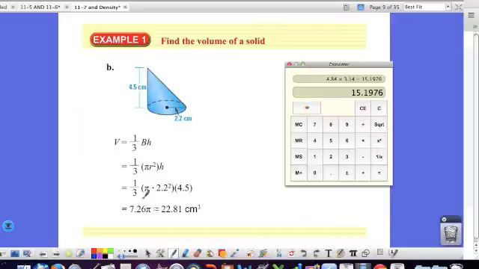I know they're doing pi at the end. I usually do it before I divide by the third. So 15.1976 times 4.5, that number divided by 3 is 322.8. So we round to the tenth.